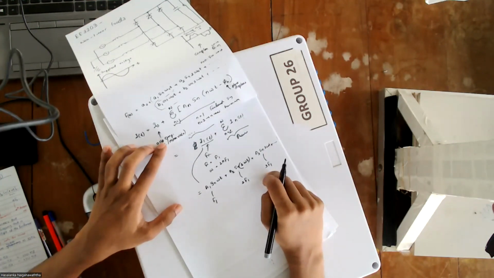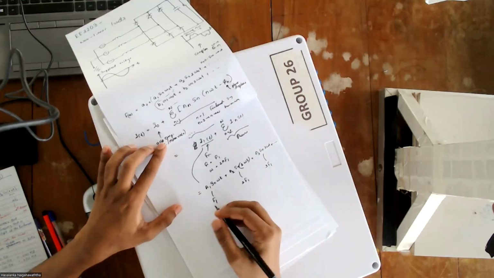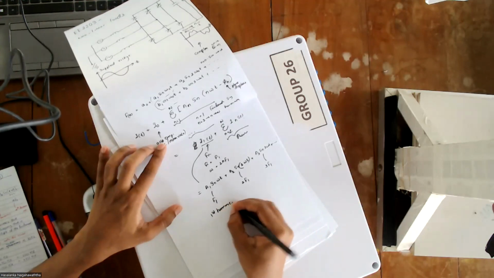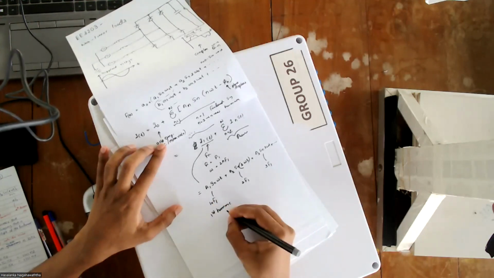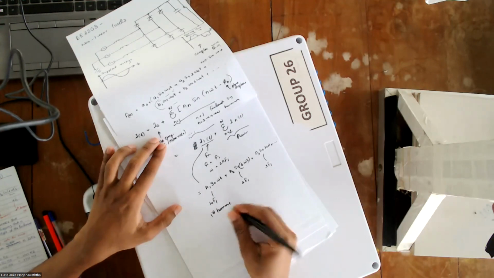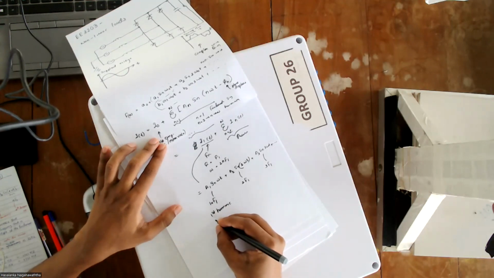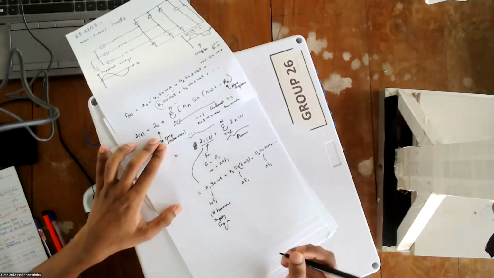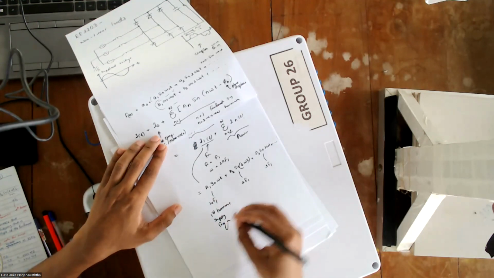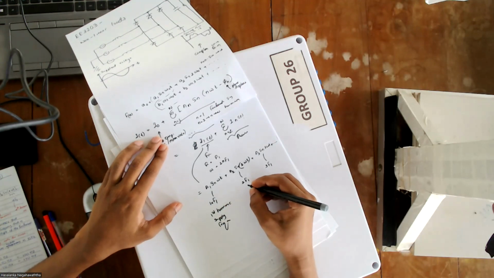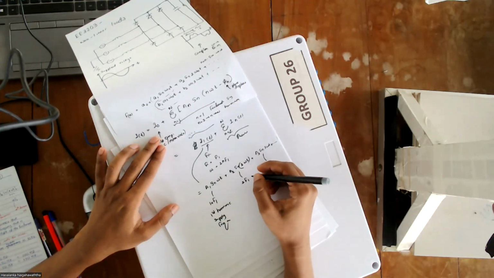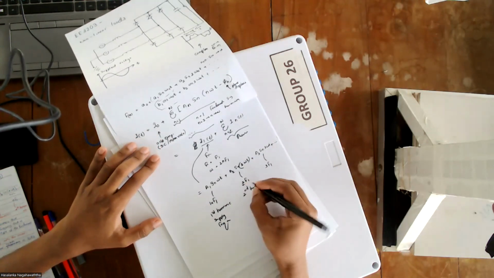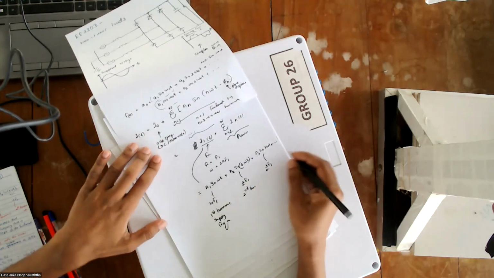This is said to be the first harmonic, and it has the supply frequency, the same frequency as the supply, the lowest frequency. The second term is called the second harmonic, this one is called the third harmonic, and likewise.